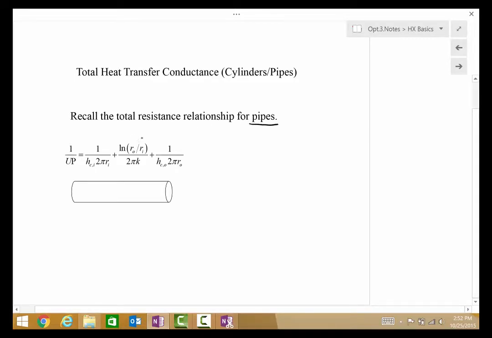When we're looking at pipes and cylinders, the resistance compared to the plane wall that we looked at is ln(r_o/r_i) over 2πk, where r_o is the outer radius and r_i is the inner radius. This resistance that we're looking at here is R prime, and R prime is the resistance per unit length.